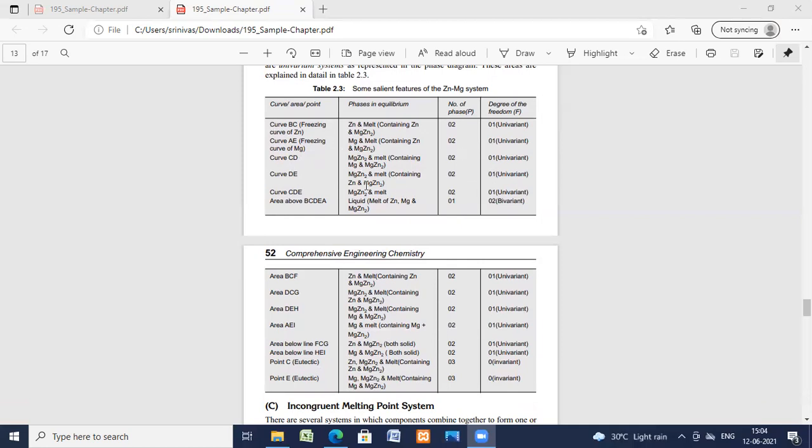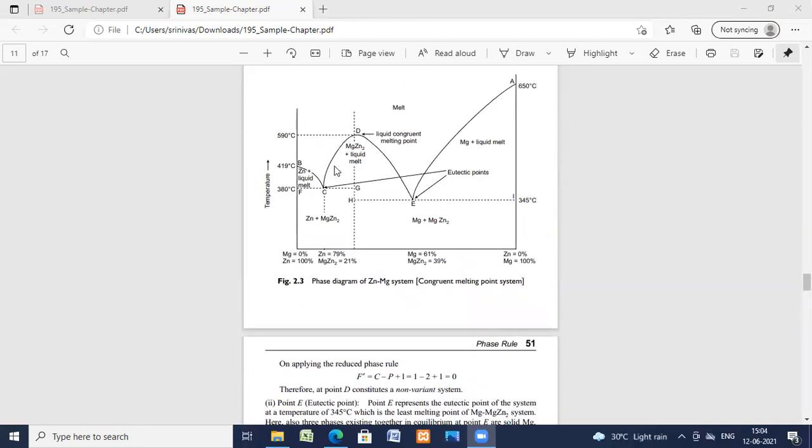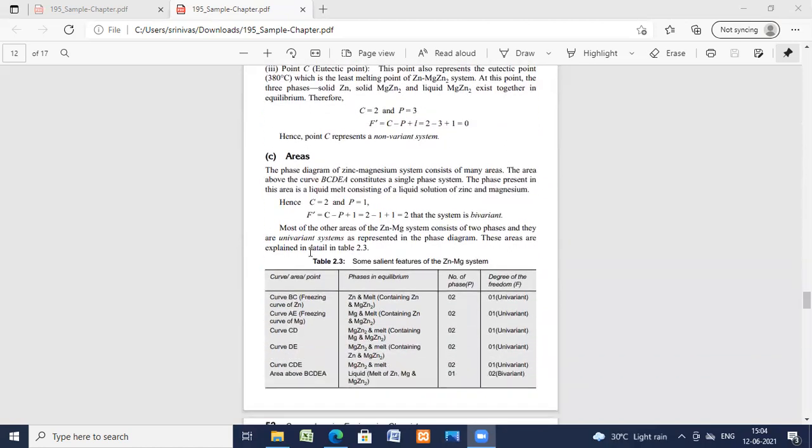Now let us go for the curve CDE. You are having the intermetallic compound plus melt. As CD, as DE, CD is the same.